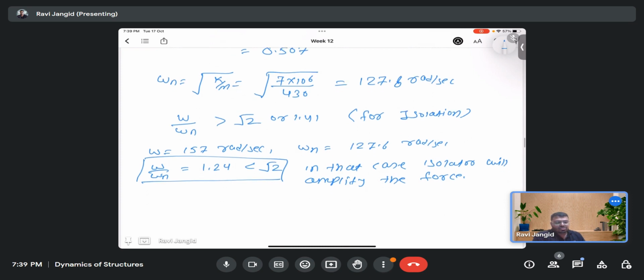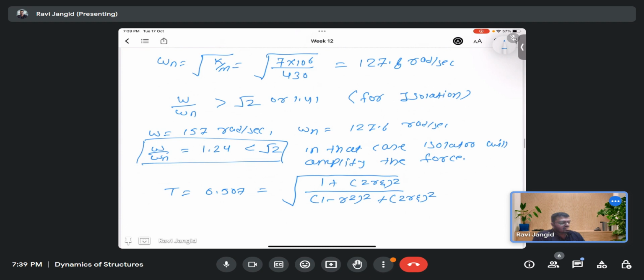Okay, so my transmissibility limit is how much? 0.507. And what is my transmissibility? That is the square root of 1 plus (2 r xi) square, divided by (1 minus r square) square plus (2 r xi) square.